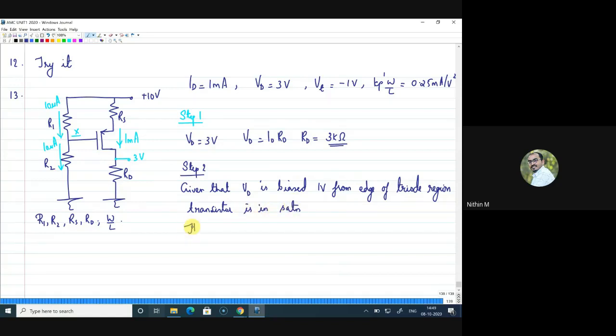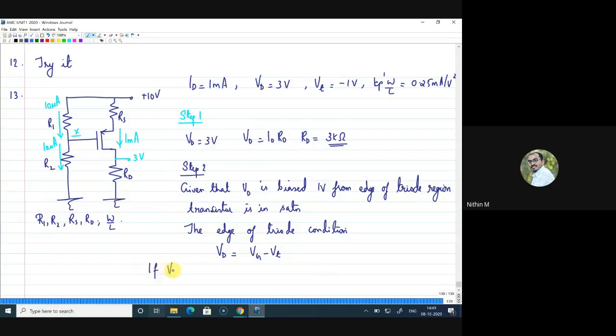Now what is the edge of triode condition? The edge of triode condition says that VD should be equal to VG minus VT. You can write with respect to S also, but since you have VDS and VGS, S can be cancelled.